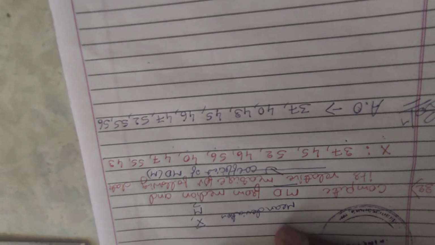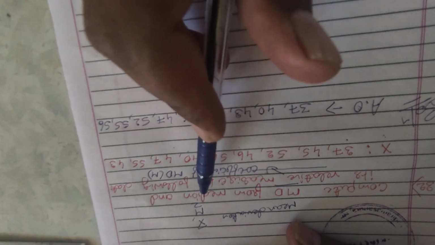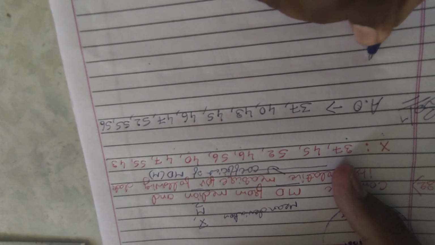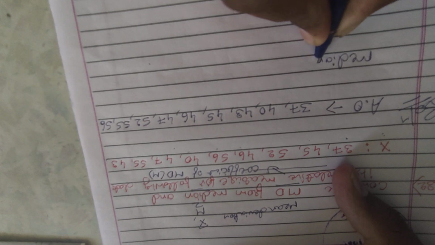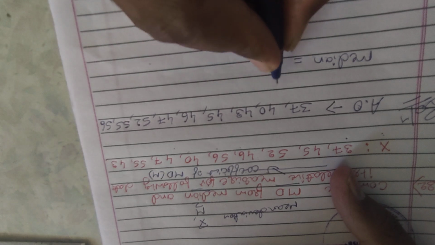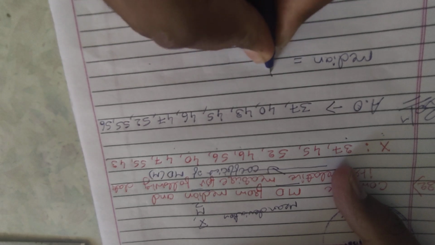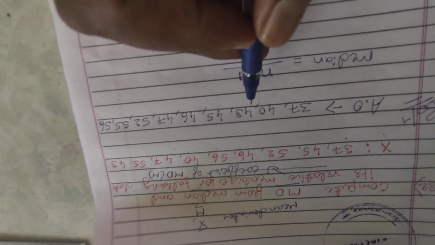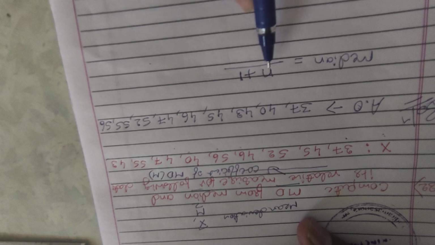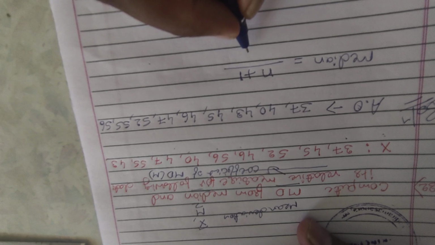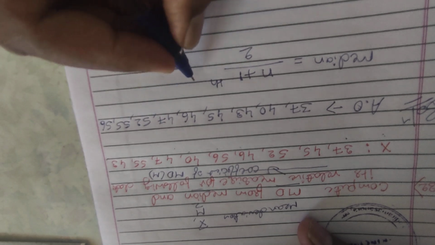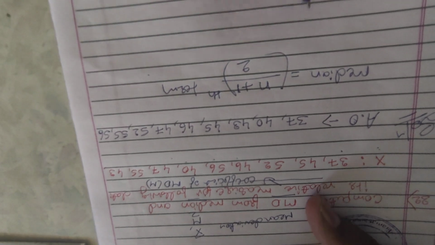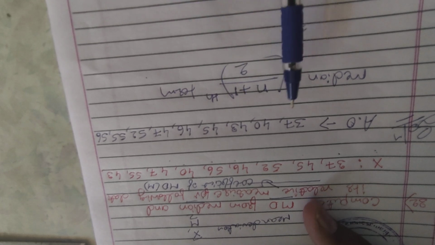Next we have to identify the median, because we need mean deviation from median. For an individual series, we use small n; when the information is a discrete series, we use big N. Median is the (N plus 1) divided by 2 th observation. Here n means number of observations.